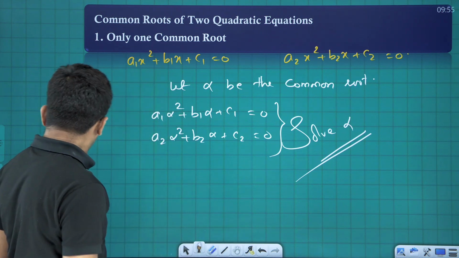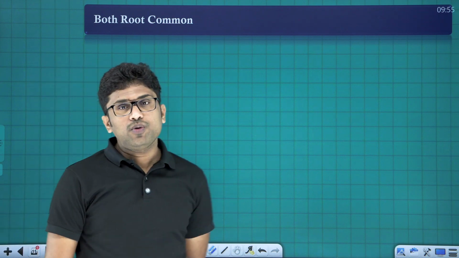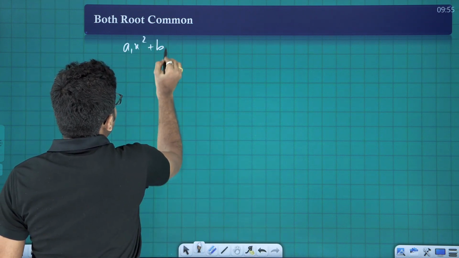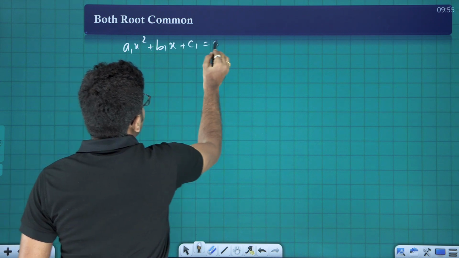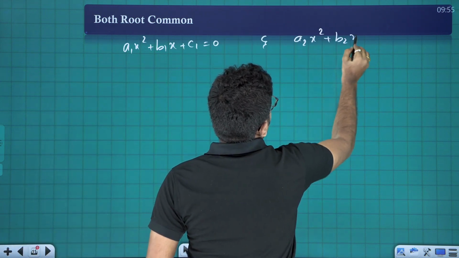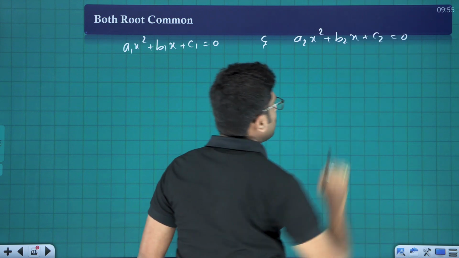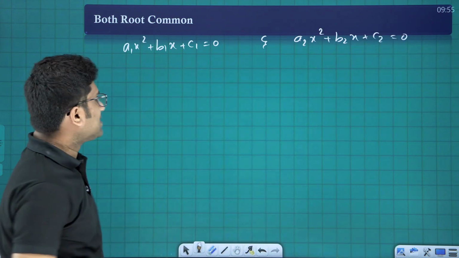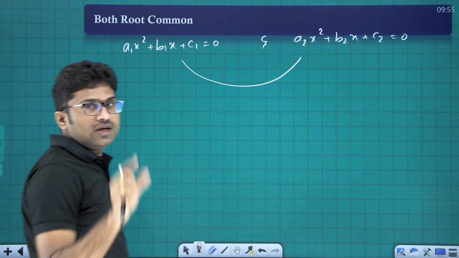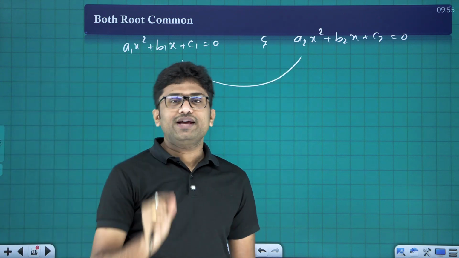Okay. Now, if both the roots are common, let's say a1x square plus b1x plus c1 is equal to 0 and a2x square plus b2x plus c2 is equal to 0 have both roots common. In this case, it happens only in one case, friends.